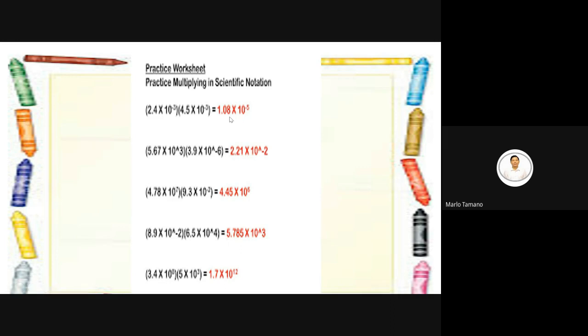And that is fact. Okay po? Next, number 2. The given is 5.67 times 10 to the third power and 3.9 times 10 to the negative 6. Verify, please. Get your math notebook and pen.